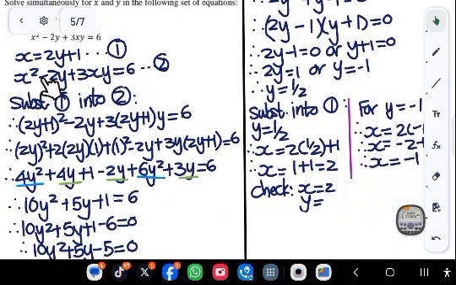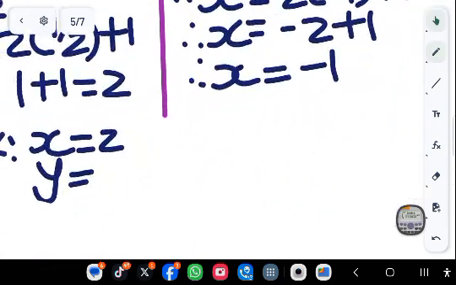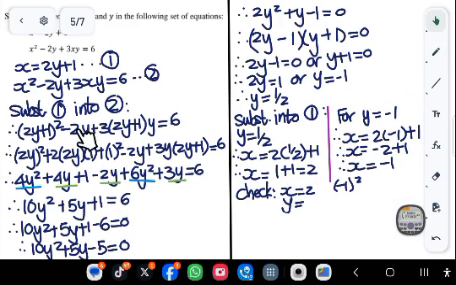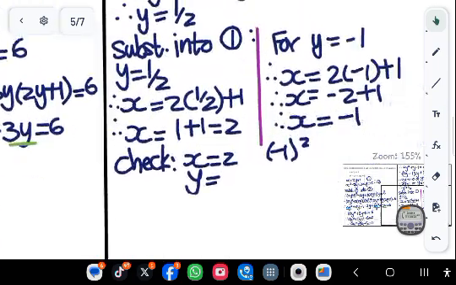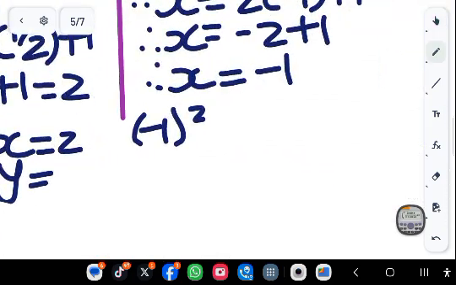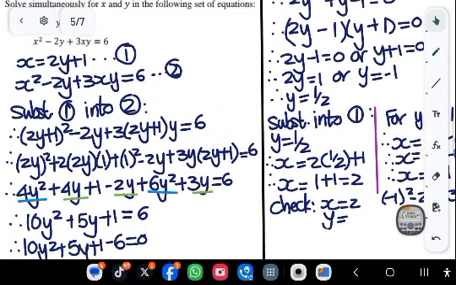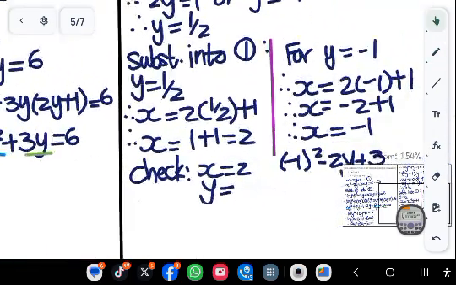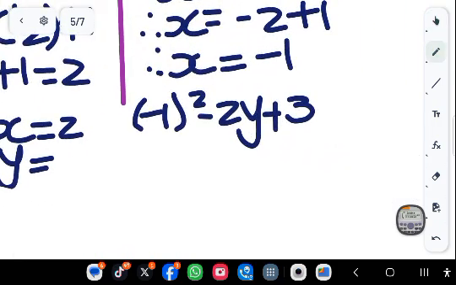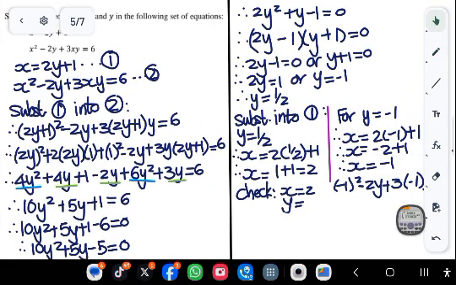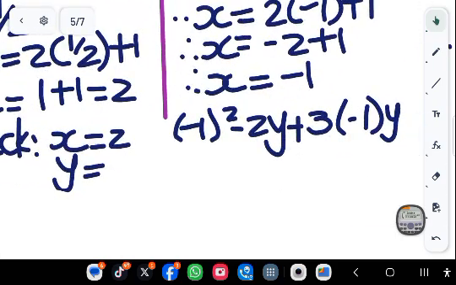Okay, in number 2, if you put x equals -1, that will be (-1) all squared minus 2y plus 3 times -1 times y equals 6.